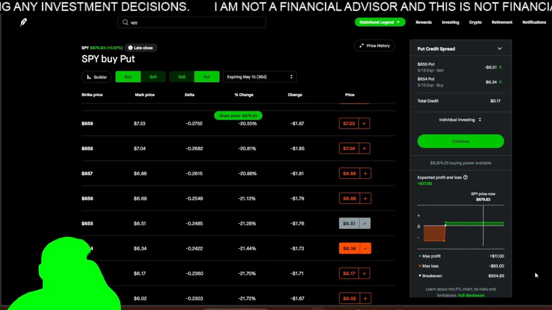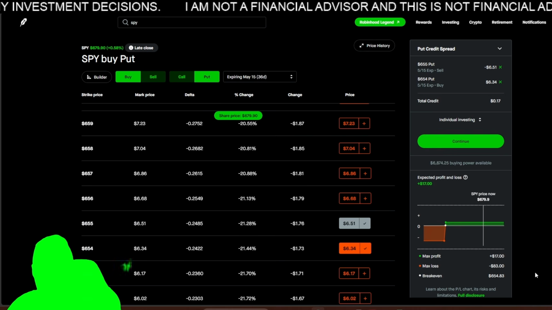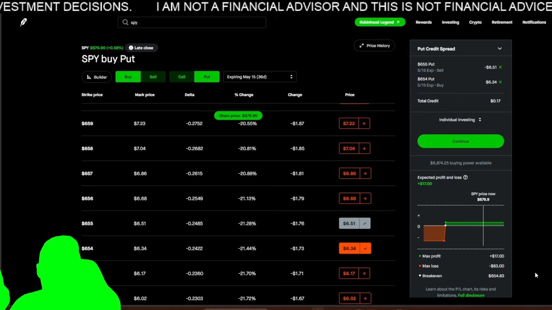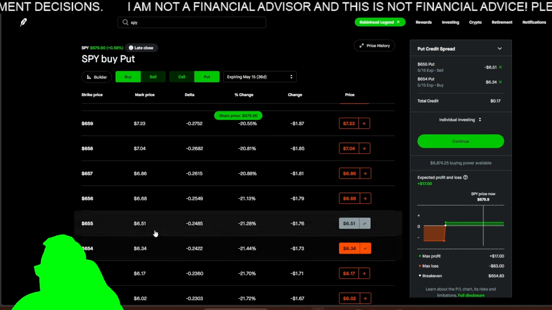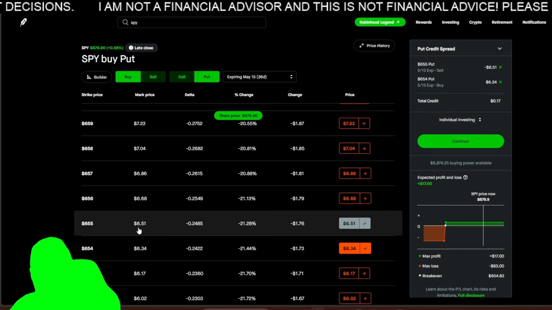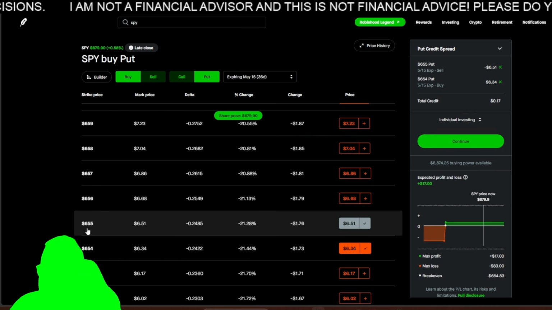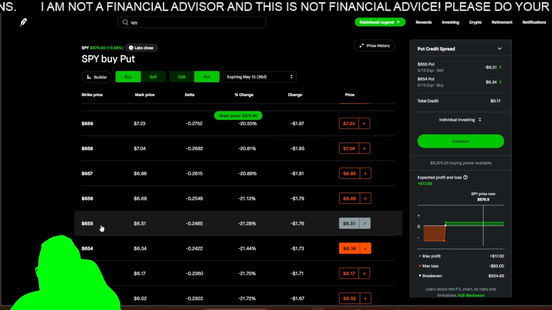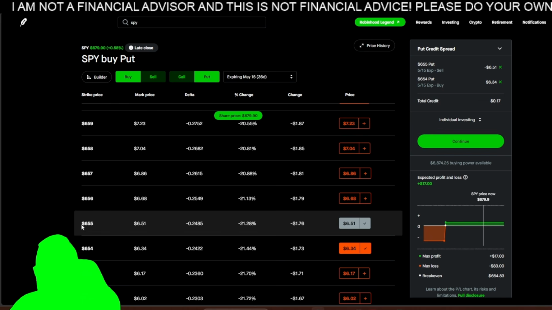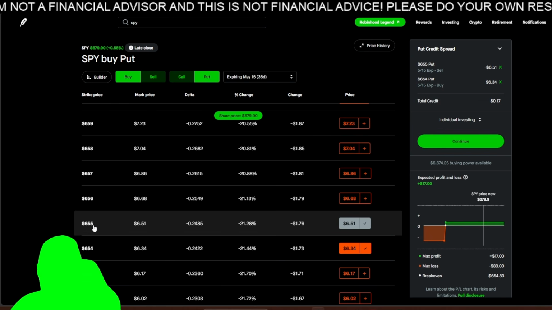Now, this is an advanced strategy, and there are some risks that go with it, okay? A risk that could go with this strategy is what's called pin risk. Because remember, you are saying you're going to buy the shares at 655, right? If it goes below 655, you're going to buy the shares up here.